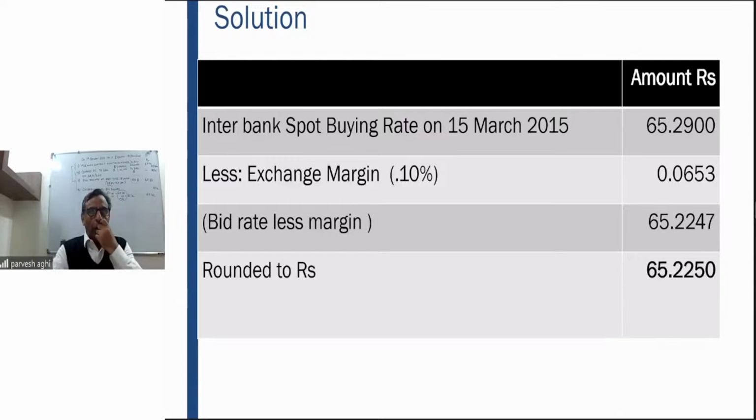So you sold at 65.2250 to the bank and the bank sells it at 65.290. The margins are getting adjusted for that. So the bank still makes money.